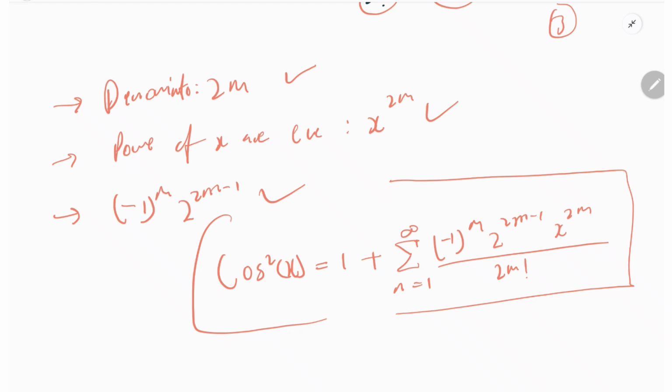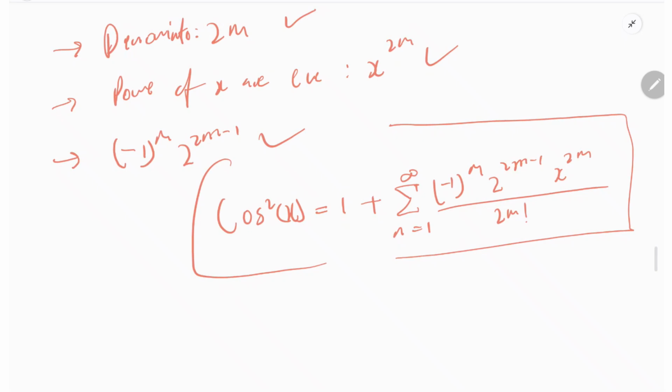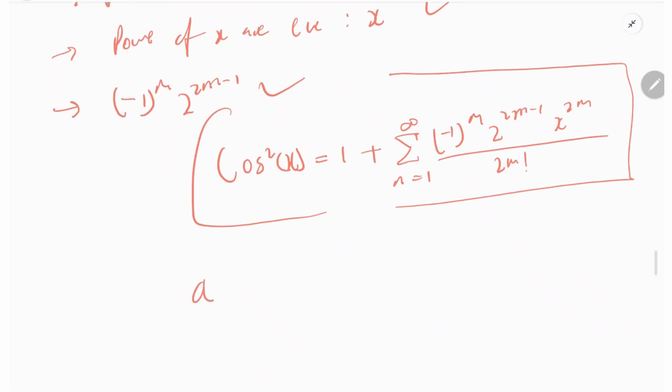So now we have a sequence. I don't say series. A sequence a_m, which is just whatever this thing that is there, (-1)^m, (2m minus 1) x^(2m) all over (2m) factorial.